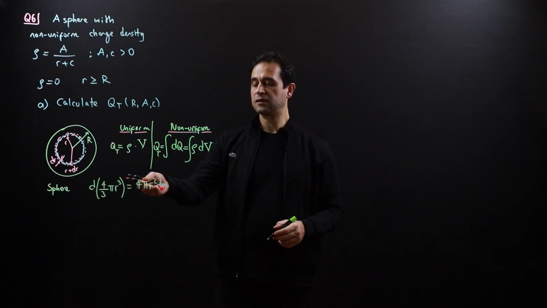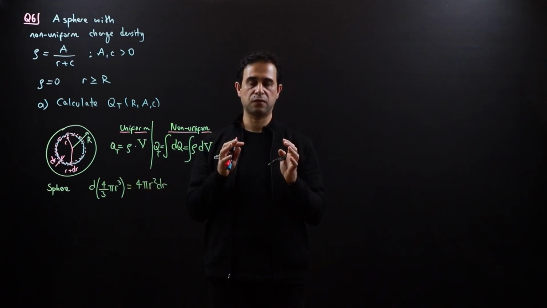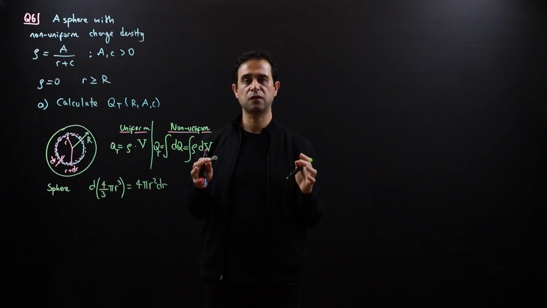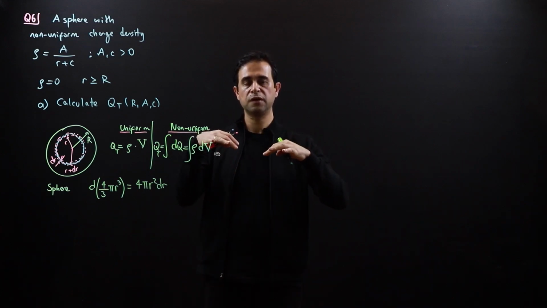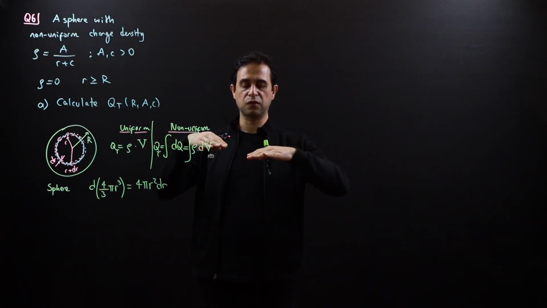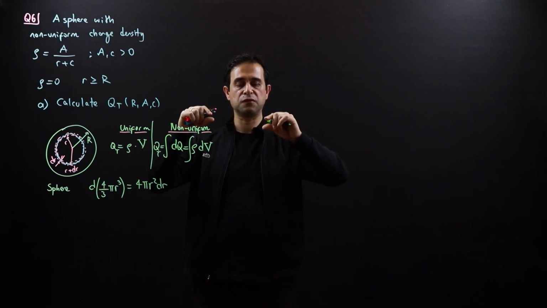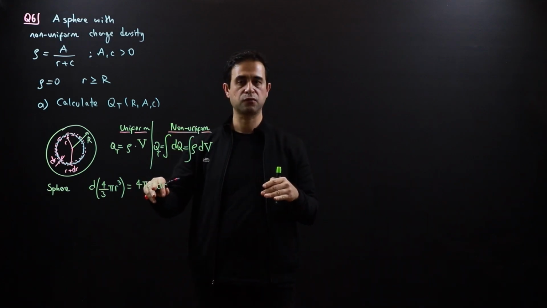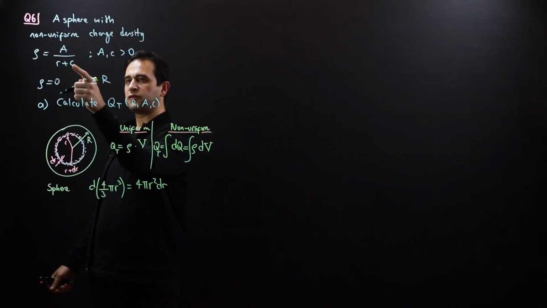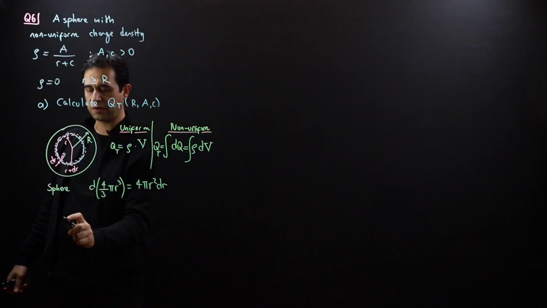And again, you can think of this like, take a sphere, inner radius is r, outer radius is r plus dr, cut it, open it up, and it's going to look like a surface with a thickness of dr, where the surface is equal to 4 pi r squared, and the thickness is dr. So now rho, right? And rho is given, the form of rho is given here. Let me write it down.